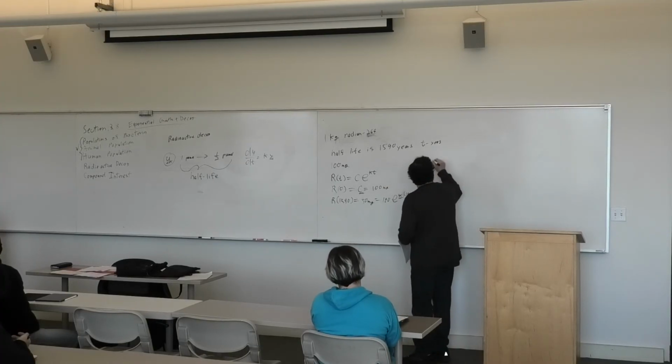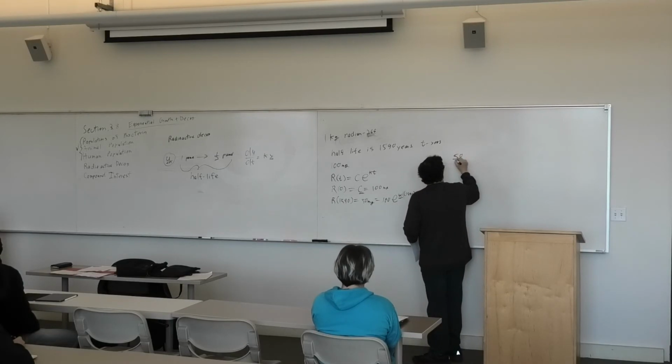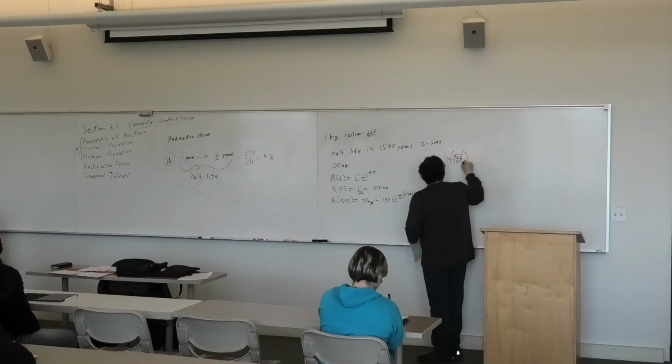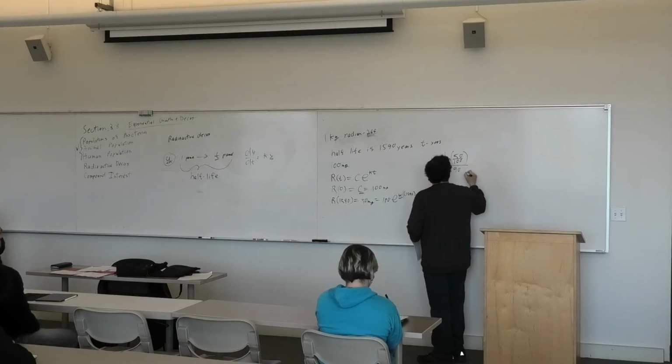So k is going to be equal to what? First I have to divide by 100. To get rid of the e to the k, I have to take the natural log. And since I have k times 1590, I have to divide by 1590.